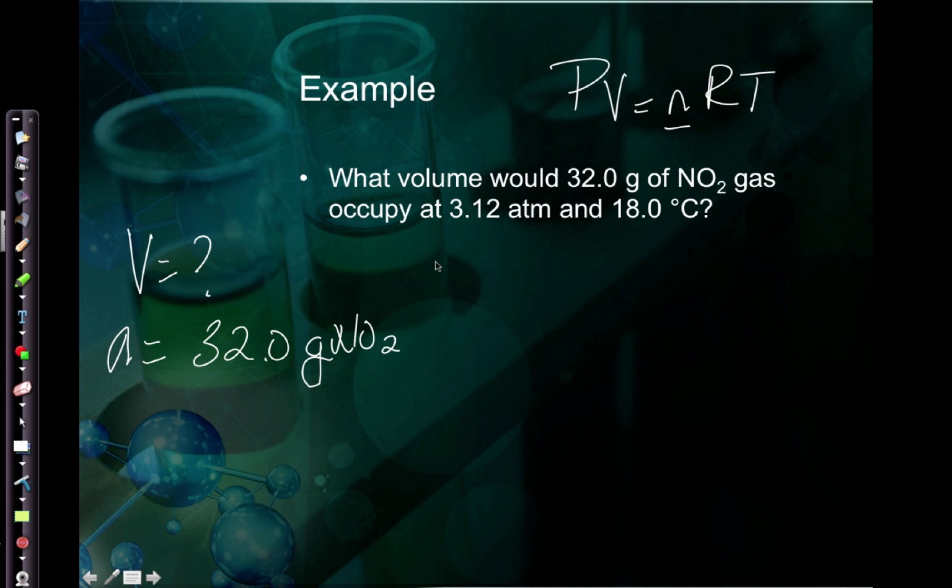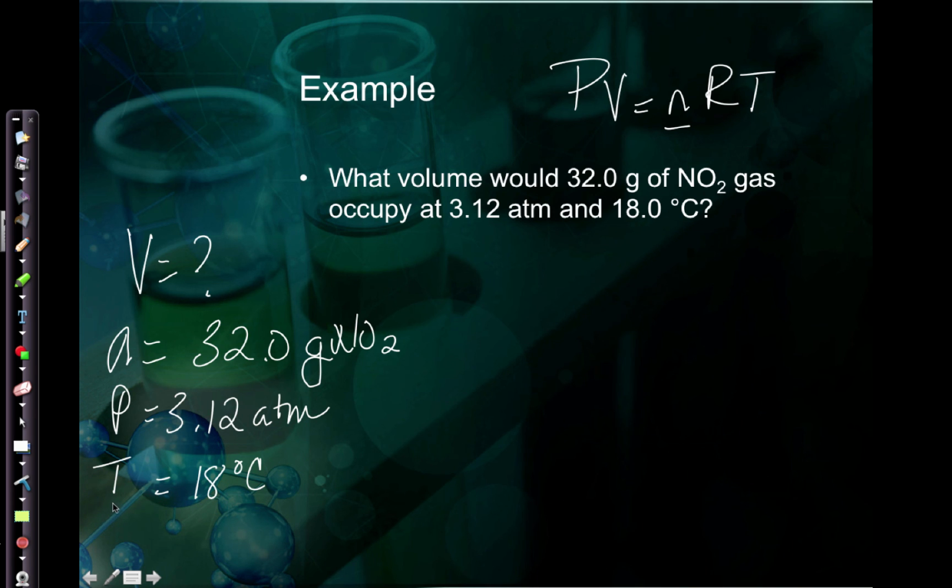It also tells us that our pressure is 3.12 atmospheres, and that our temperature is equal to 18 degrees Celsius. All right, so I'm just looking for a variable here. Nothing is changing, so I know I'm going to be using the ideal gas law, PV equals nRT.